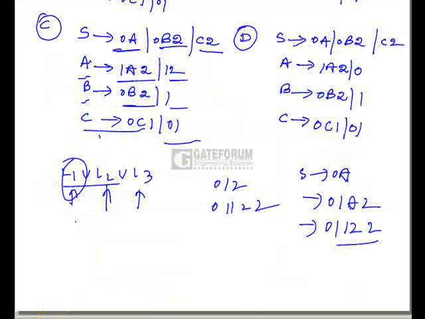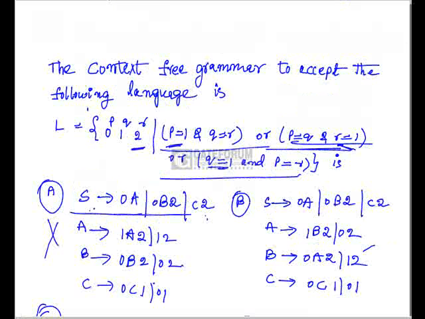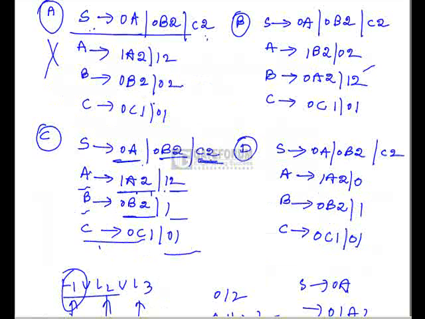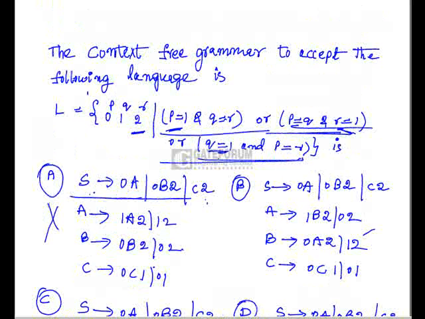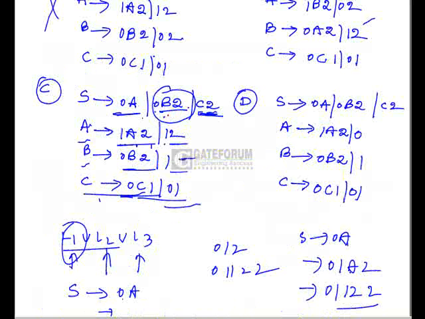If you take S to 0A and want the first combination, A can be followed by ones and twos that are the same. If you want the second combination, that is R value is 1, that is C2, before C, zeros and ones can come. The third combination is Q equal to 1, that is the middle value is 1. For that we can take B, which provides only one 1, and zeros and twos will be similar. So C is the right option.